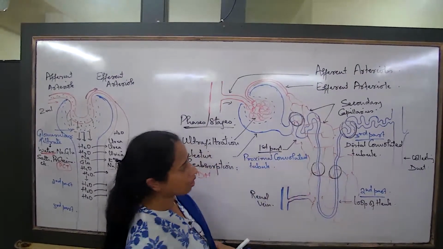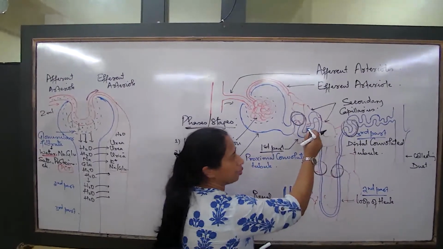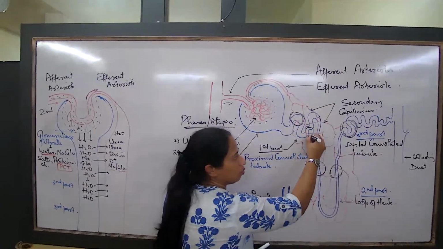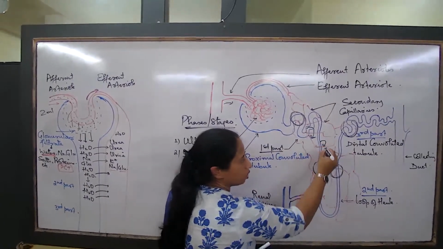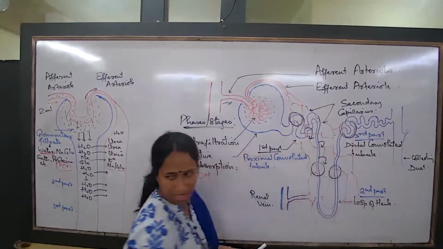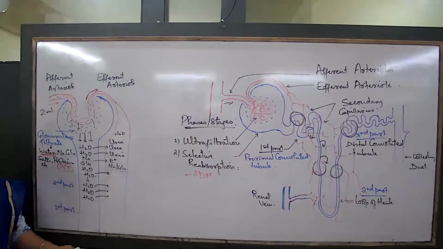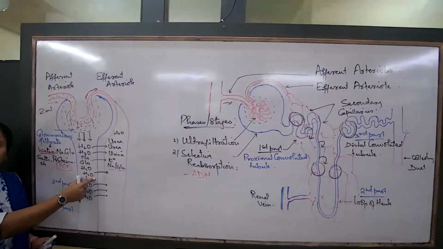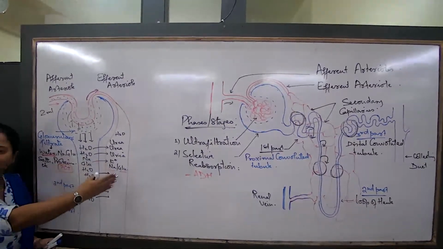So I am actually talking about a process of movement which has happened from the tubule to the blood. Every time from the tubule to the blood vessel, the movement is happening. Are you clear? So from the first part, what are those substances that have gone back to the blood?